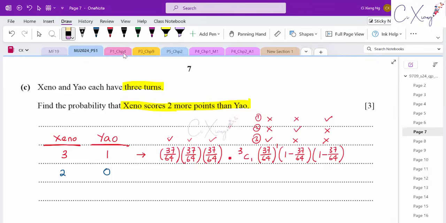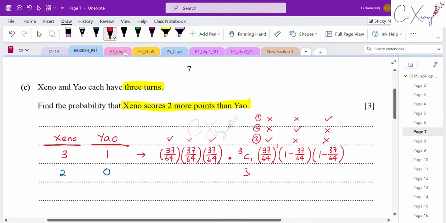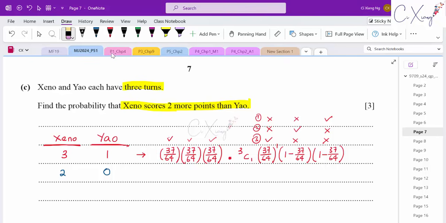So this is another option for writing out your solution if you treat it as a binomial distribution. The 3C1 here, if you press the calculator, the value is actually 3. So just now I multiplied by 3 because of the different cases. You can write 3C1 if you treat this as a binomial distribution. Alright, so this is the solution for my first case.